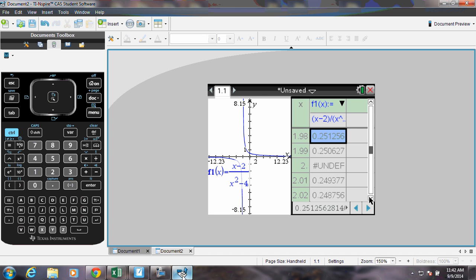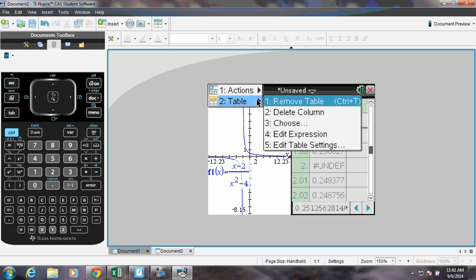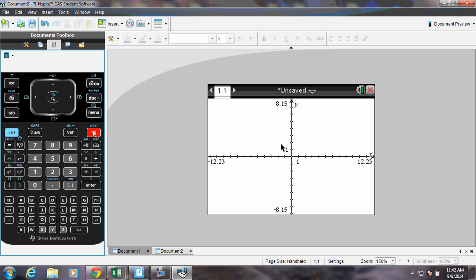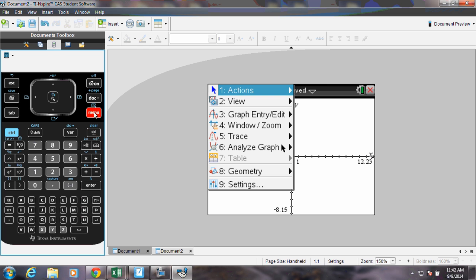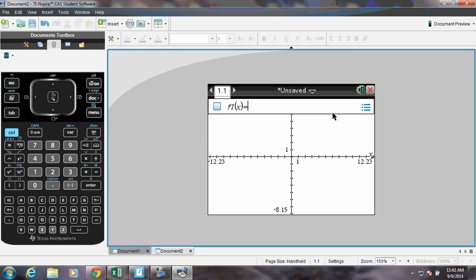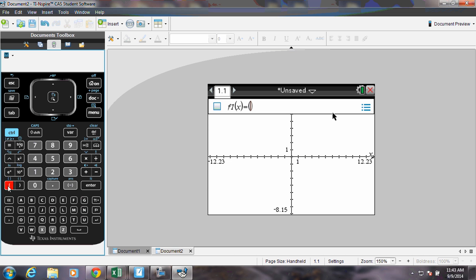And I'm going to come up and say menu, actions, table. I'll remove the table and then pick this piece for the graph tab, and delete the graph. So menu, actions, graph, enter a function, and in the numerator we had the square root of t squared plus 4.